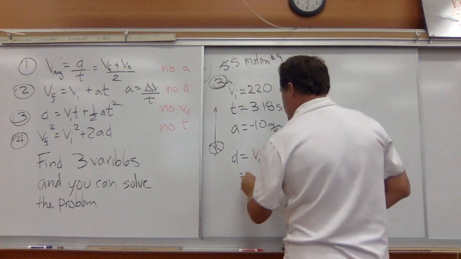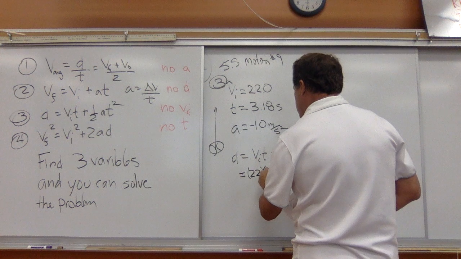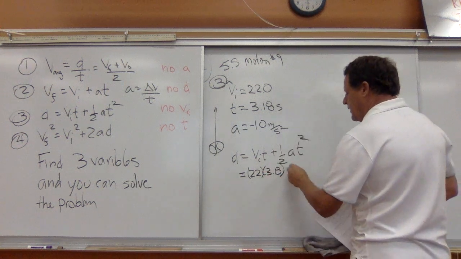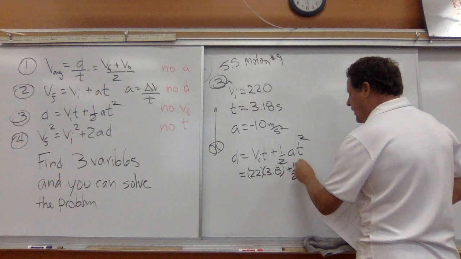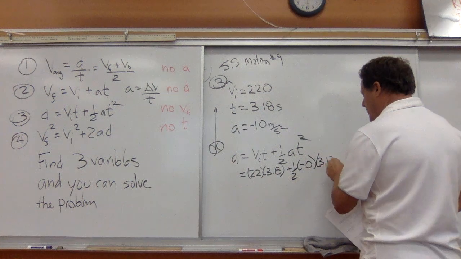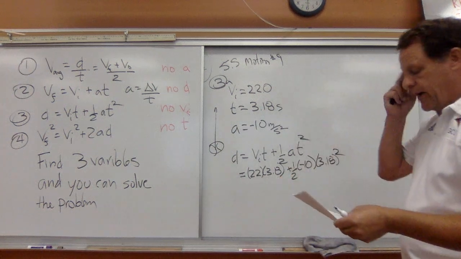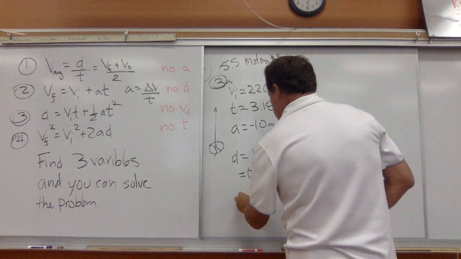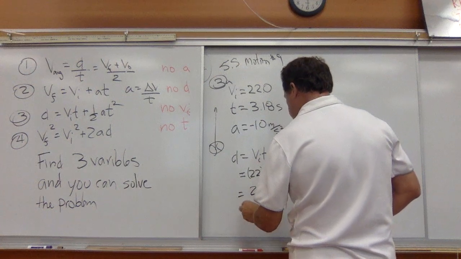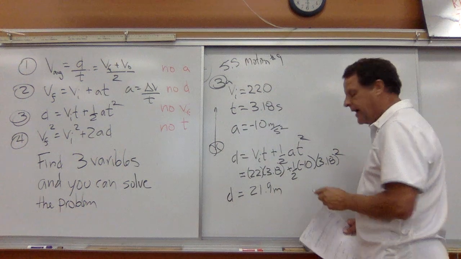So we know that this is going to be 22.8 times 3.18, plus 1/2 of negative 10 times 3.18 squared. If we do the math there, our answer is going to come out to be 21.9 meters.